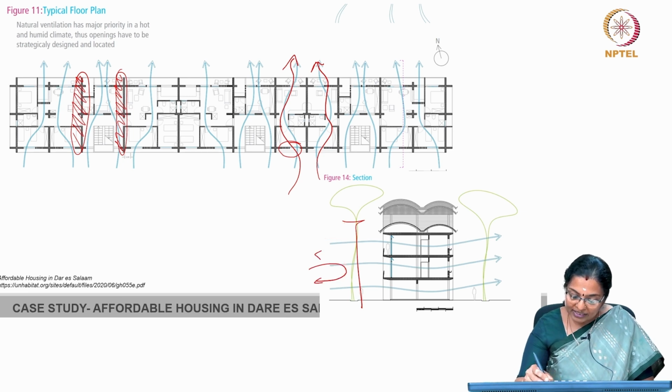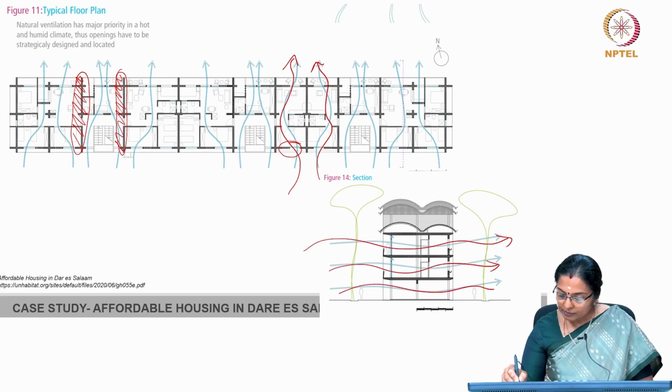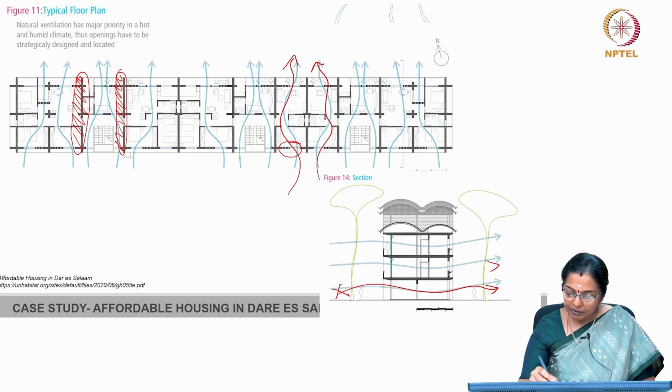What they have done is they have had a very open plan in which the breeze moves through the rooms, enhancing cross ventilation. Any shrubbery at this height, any trees at this height would have prevented it from happening, but they have ensured that there are no obstacles in the path of the breeze.